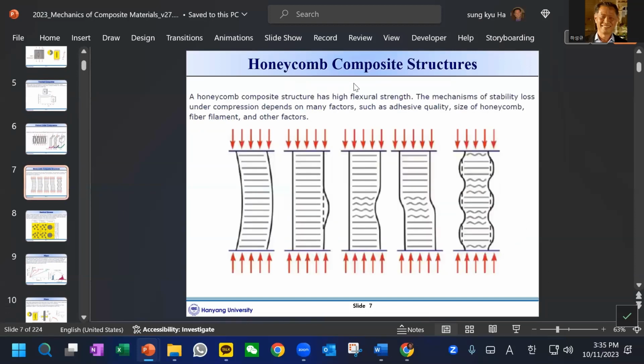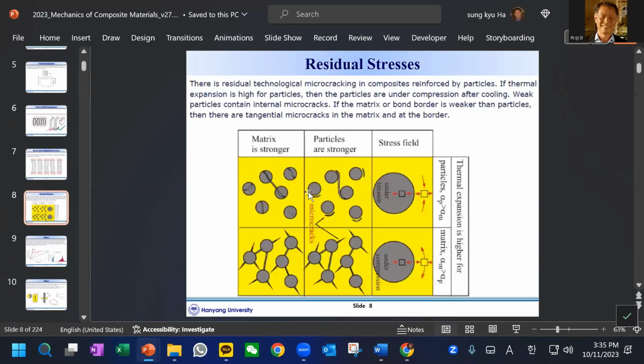And this is the honeycomb structure, and this honeycomb is attached, but the skin can be separated or compressed locally. There can be some issue there.